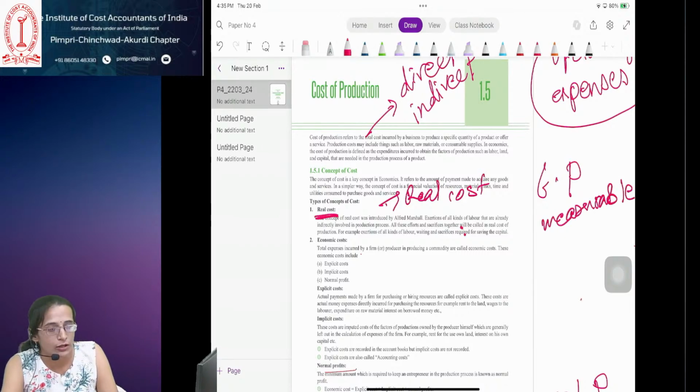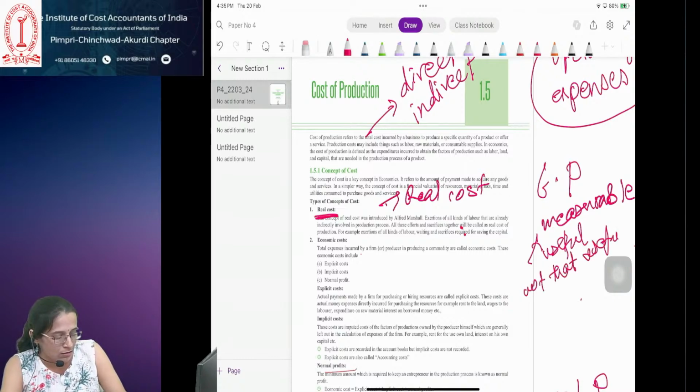We cannot measure the efforts, the sacrifices that you have made to clear the foundation exam, right? So if we cannot measure it, is it useful in economic terms to make decisions? We are not able to quantify it, analyze it or measure it. So it is not that useful in economic terms to make decisions, right?